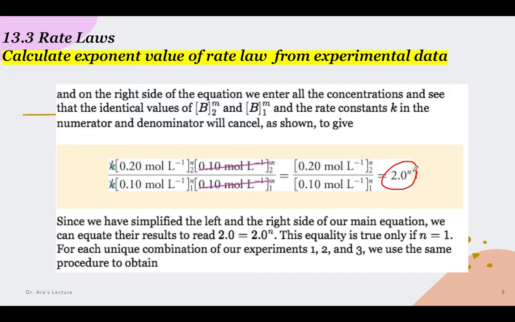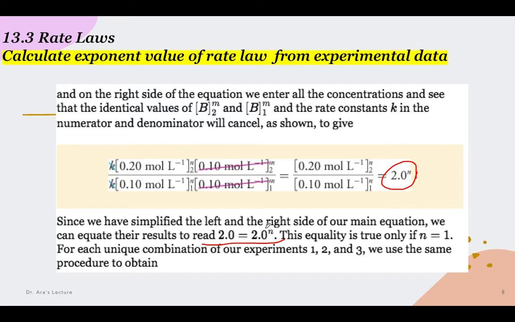So now if we combine the left and right results, what do we have? This side is 2 and this equals 2.0 exponent n. So this equality is true only if n equals 1. So this is the thing we have to find.